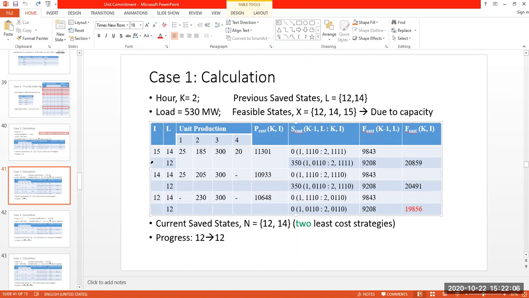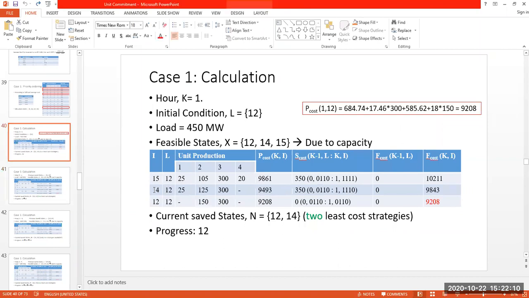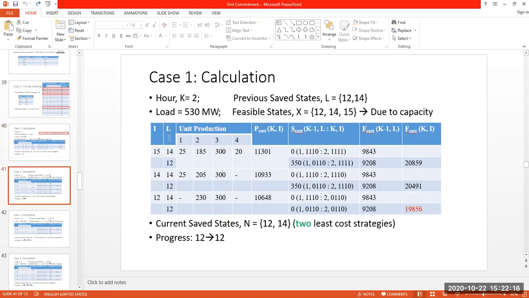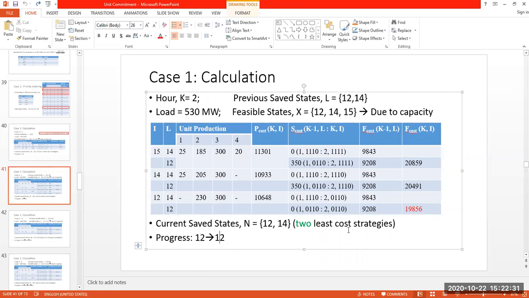Remember, I choose the I values for saving, not the L values. So 12 and 14 here. Similarly, the I values here, 12 and 14, are the two least cost strategies. And my decision is to progress with the least among them. That is still 12. So it is 12 in hour 1, and 12 in hour 2 also.